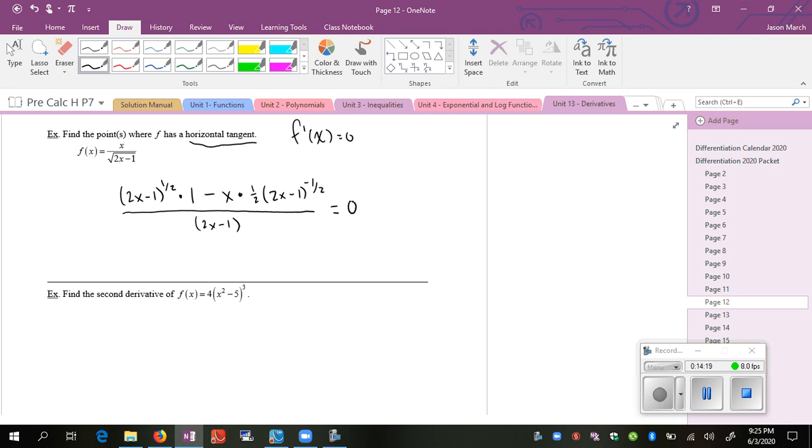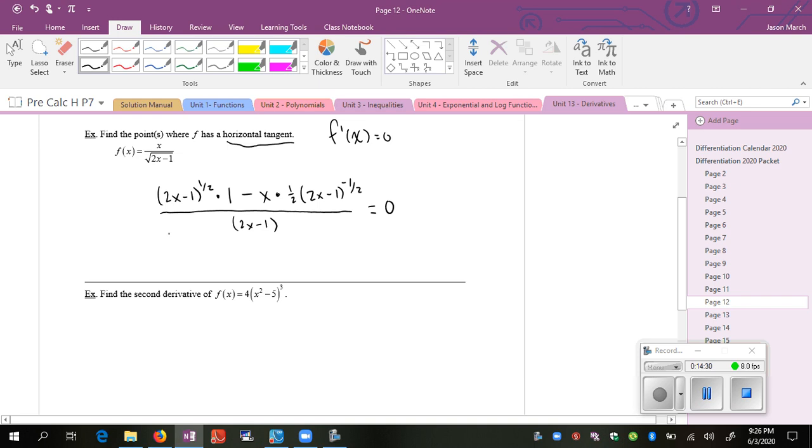Okay. So what we need to do, very similar to what we were doing in the previous example, is factor out the common parentheses with the lowest exponent. So I'm going to factor out of the numerator, and I'll change colors up here, a 2x minus 1 to the -1/2. And this is just for the numerator.